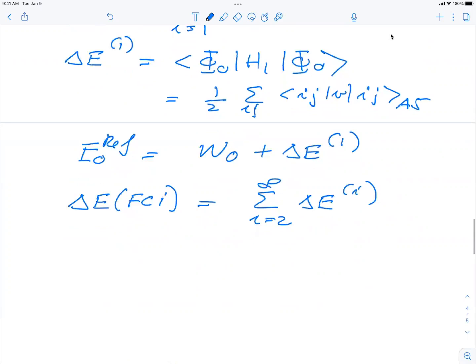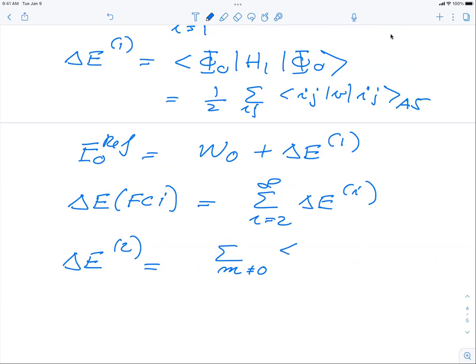Now, the thing which is interesting for us is also the second order term. If we take a look at that one, if we just write it out, it is going to contain a sum over these intermediate states different from the ground state.